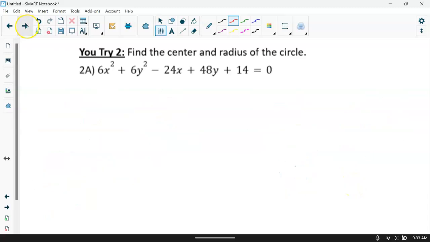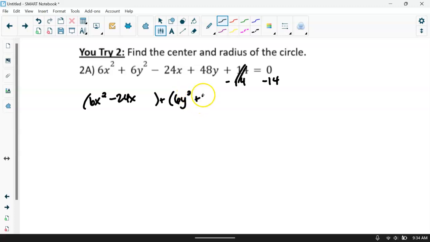So here, pause the video and try the U-try on your own. And here we go. So when you organize, you should have subtracted 14 from both sides. So now I've got 6x squared minus 24x, then plus 6y squared plus 48y is equal to negative 14.